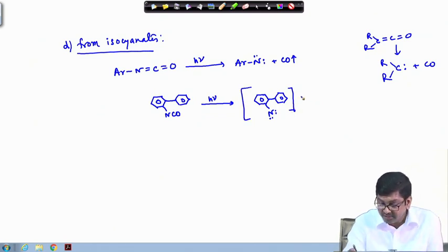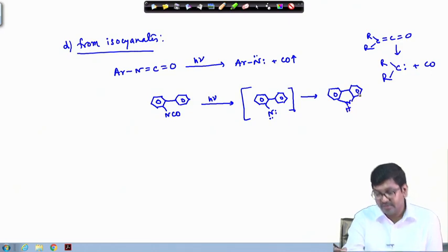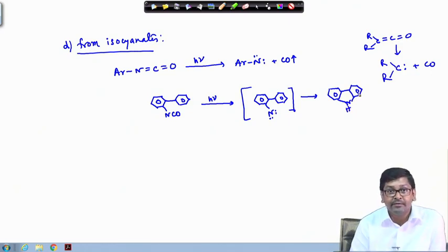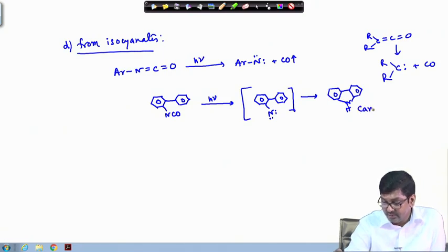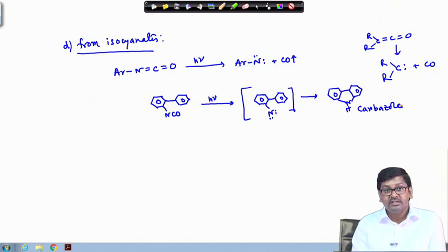So this has generated one very important nitrogen containing heterocycle, called carbazole. This carbazole moiety can be generated from these isocyanate precursors under photochemical irradiation.